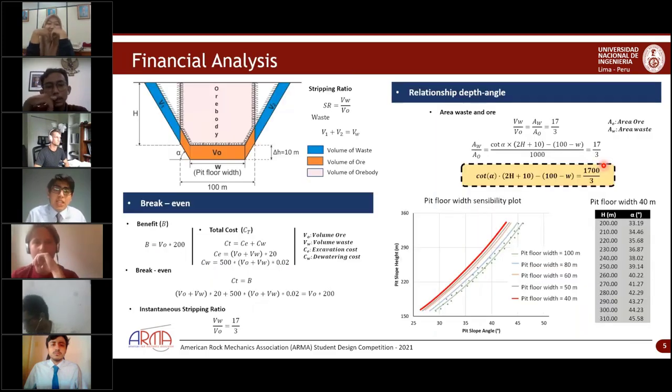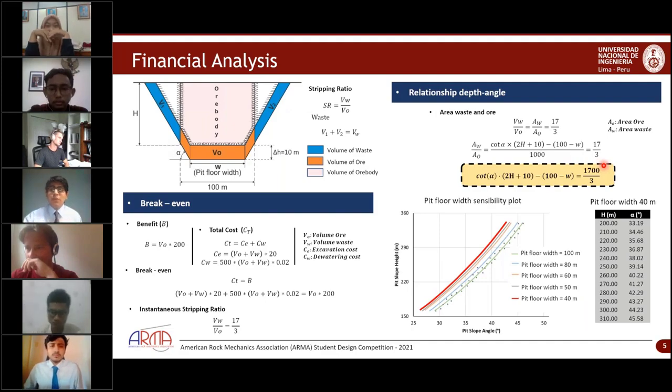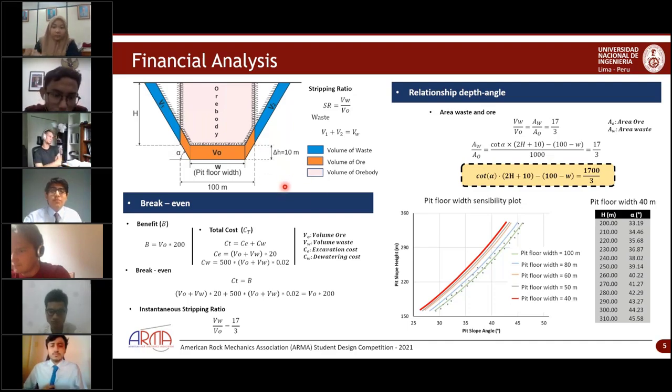The financial analysis. For the financial analysis, we use the concept of instantaneous stripping ratio, which calculates the cost and benefit of increasing the pit floor depth by an additional bench height, delta H. For our analysis, we used a delta H value equal to 10 meters. So we first calculated the benefit by taking the volume of ore multiplied by the ore value.